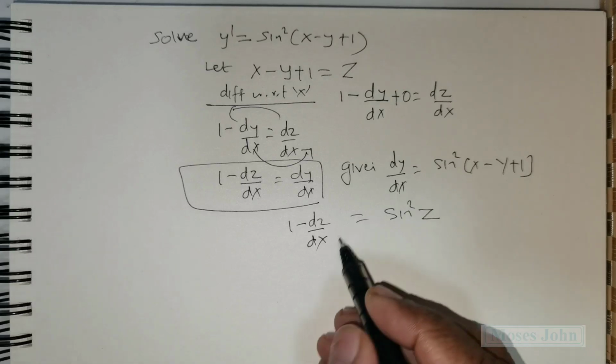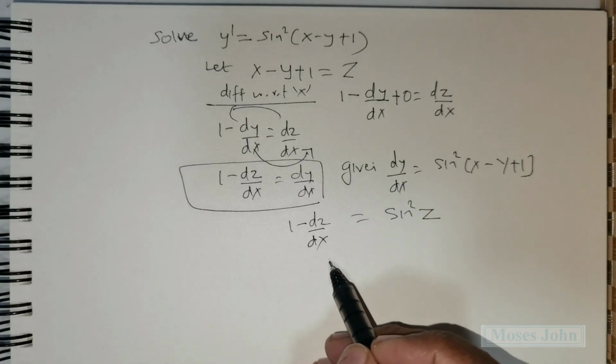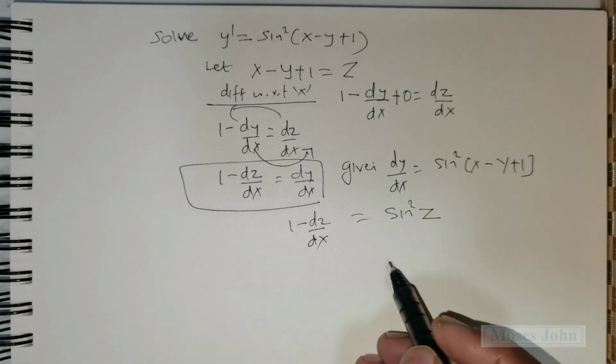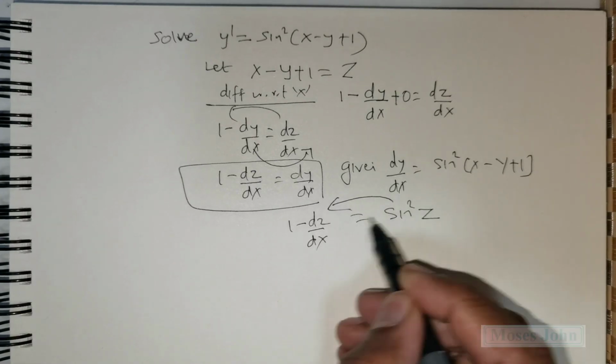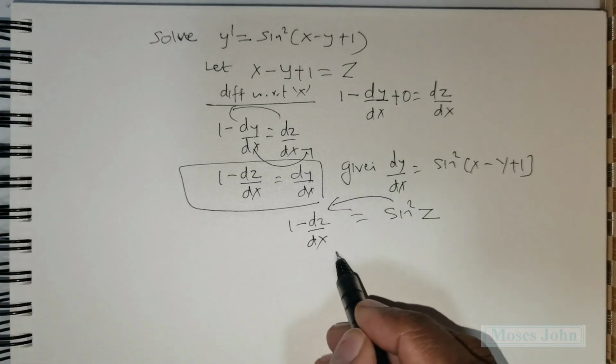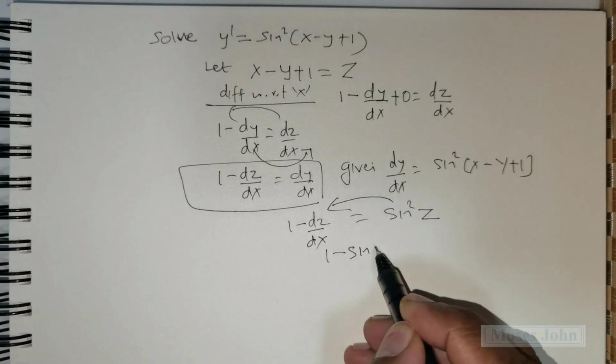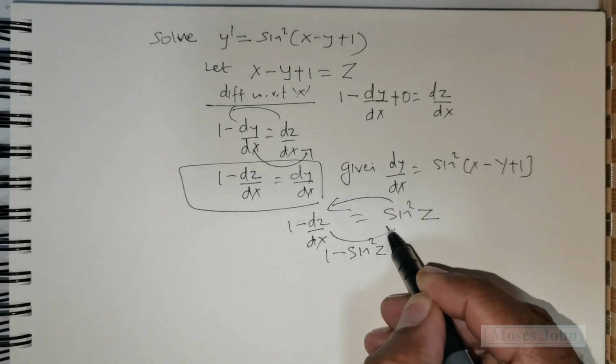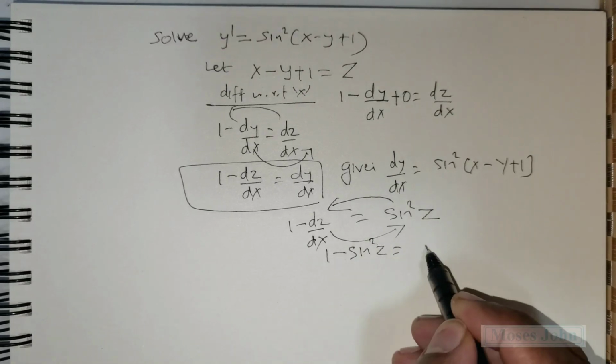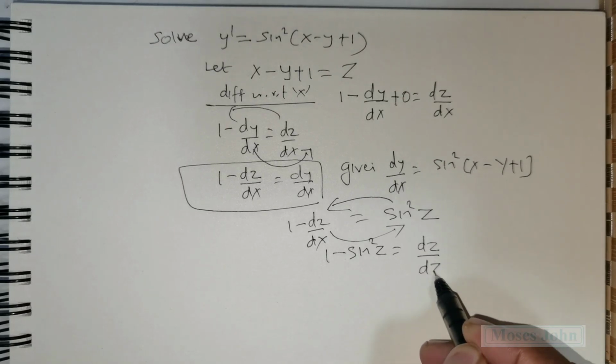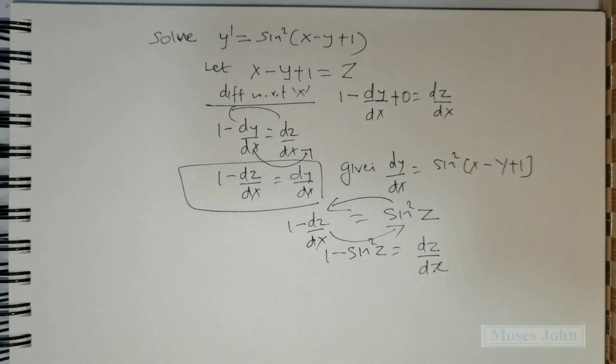So if I were to rewrite this, I can rewrite it in the following fashion by moving sine squared z to the left, so that would give me 1 minus sine squared z, and moving dz over dx to the right, so that's going to be dz over dx on the right.